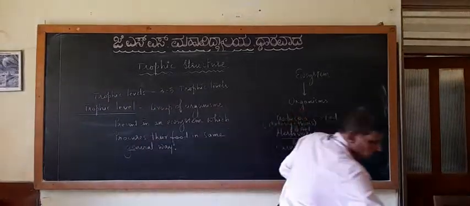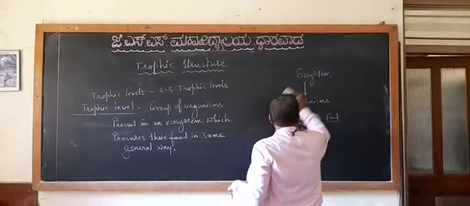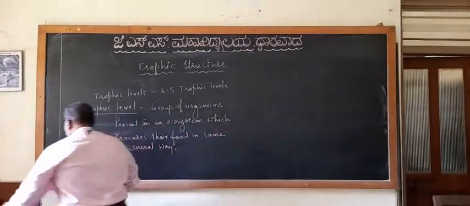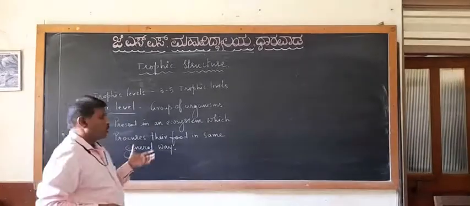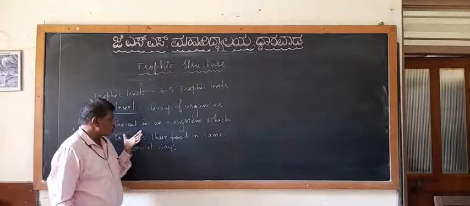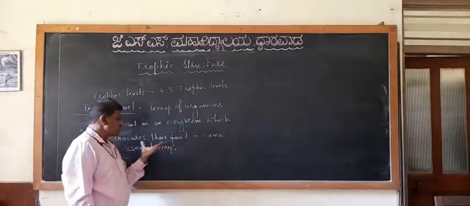Look at the definition: the group of organisms which procure the food in the same general way.